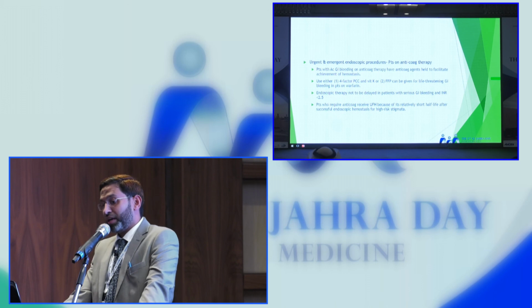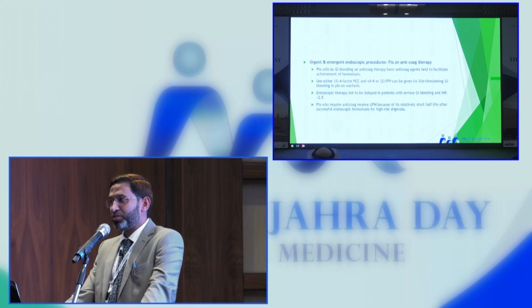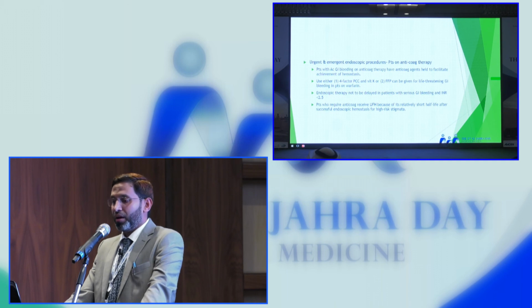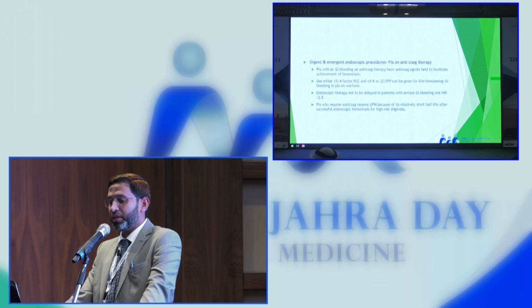What about urgent and emergent endoscopic procedures in patients on anticoagulant therapy? Patients with acute GI bleeding on anticoagulant therapy have anticoagulant agents held to facilitate the achievement of hemostasis. Use either 4-factor prothrombin complex concentrate and vitamin K, or FFP can be given in life-threatening GI bleeding patients who are on warfarin.